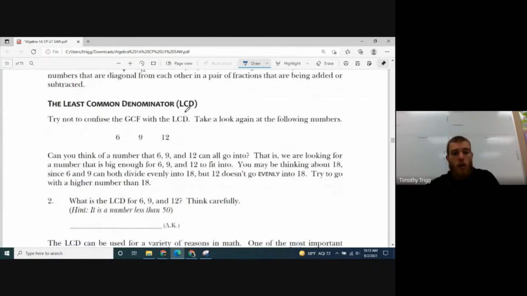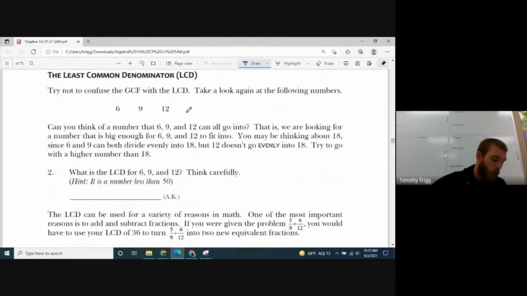Now let's talk about lowest common denominator. So for lowest common denominator, what you want to look for is the multiples of these numbers. So for example, the multiples of 6 are 6, 12, 18, 24, 30, and it keeps on going, but I'm going to stop there for now.